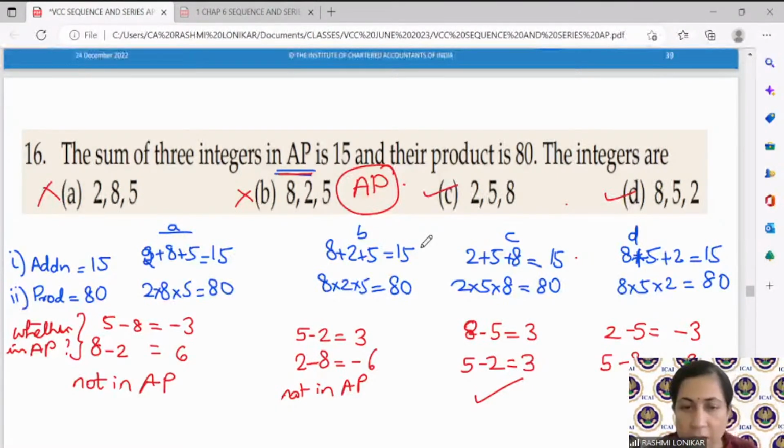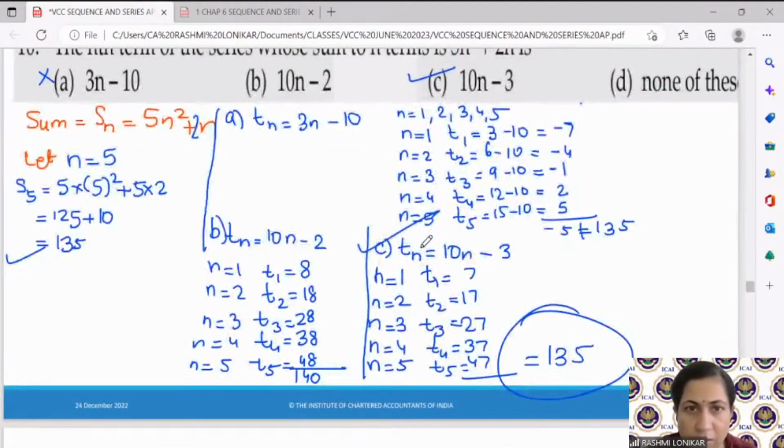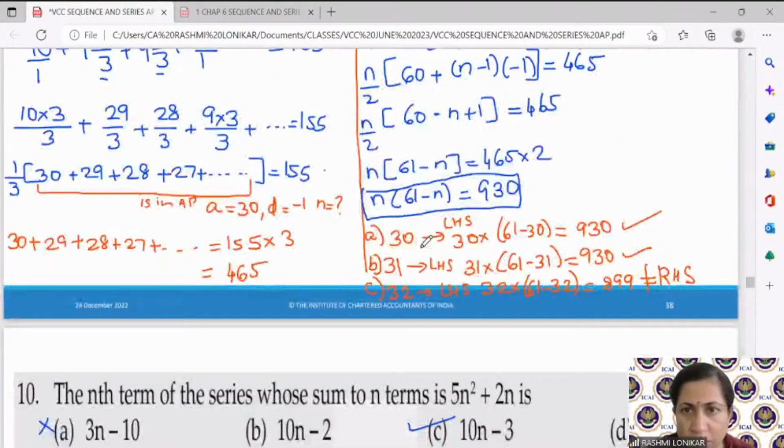Yes, Rabish, it is 10 and minus 3 only here. Manish, where is 2n? Where did you see 2n?